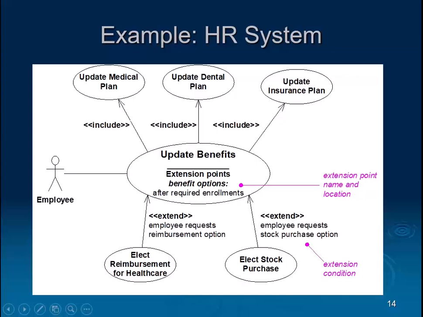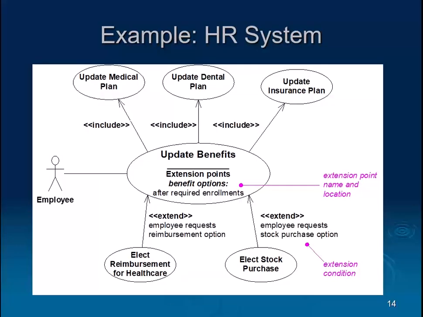You can see this example. Employee is an actor and we have update benefits, with extension points, benefit options, which means benefits are given to the employee. So this system basically gives the benefits to the employee. There should be certain criteria.